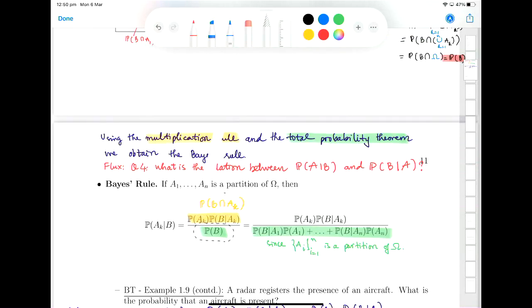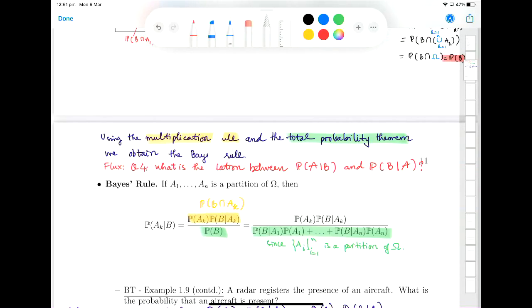And then the yellow term here equals probability of AK times probability of B given AK, which is also another way of writing the conditional probability, right?